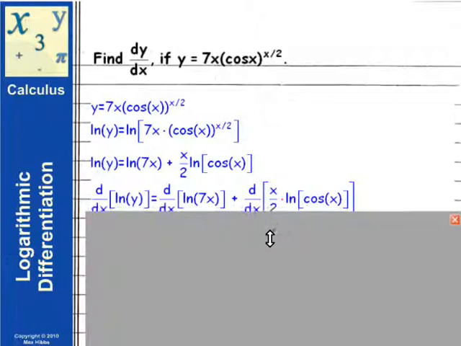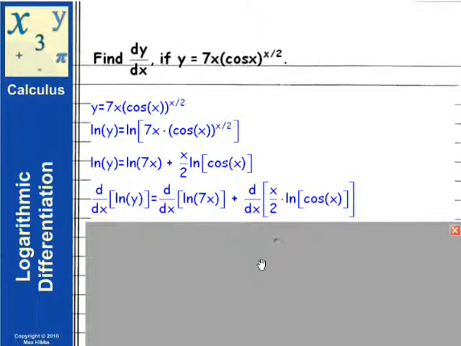Now, the next thing, of course, is we take the derivative of both sides once we've simplified the right side. And rather than performing the derivative process, I'm showing taking the derivative of each side. So the derivative of the left side, of course, and the derivative of the right side, which is a sum. And so that's the derivative of the first logarithm plus the derivative of the second logarithm.